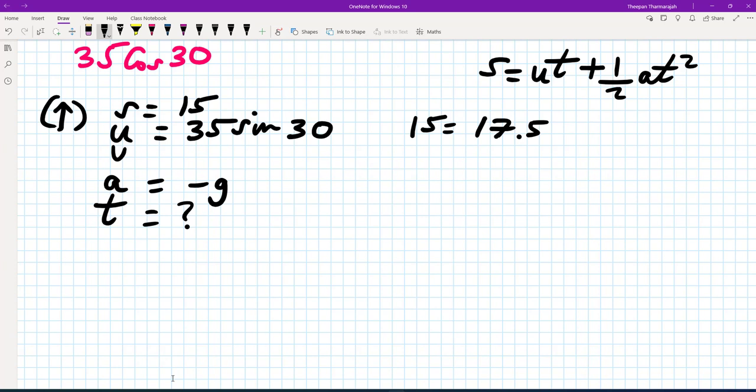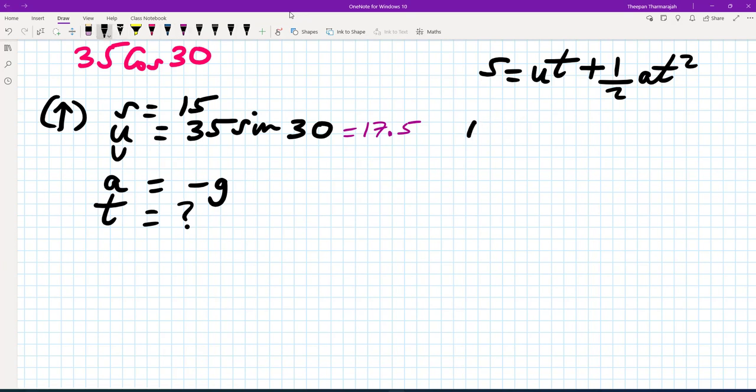If you want to, you could write 35 sine 30. I think it might improve the clarity if I write 17.5 here. Now we can say that S is 15.